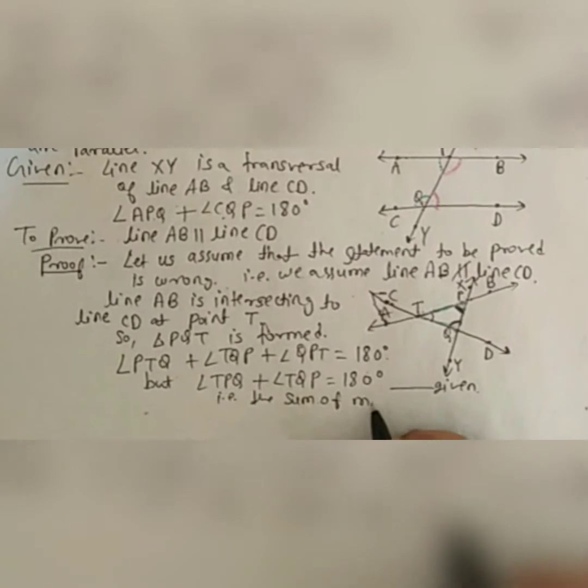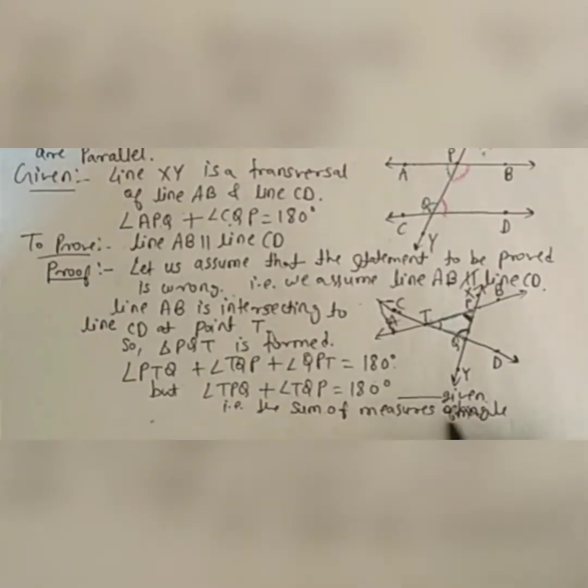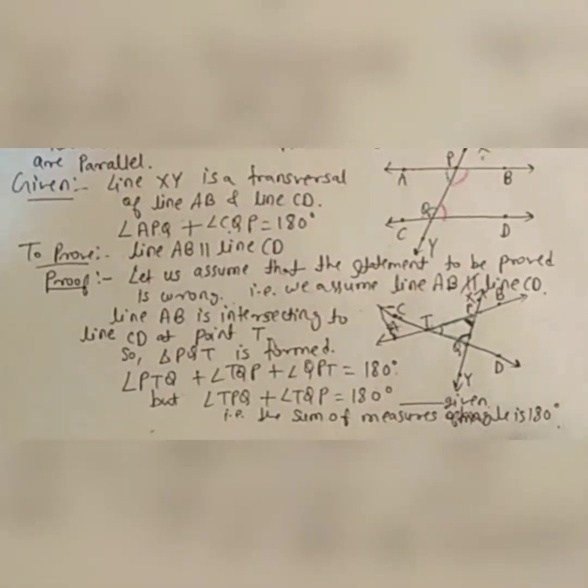What does it mean? It means the sum of the measures of angles of a triangle is 180 degrees. We are getting the sum of two angles of a triangle as 180 degrees. But what do we know?